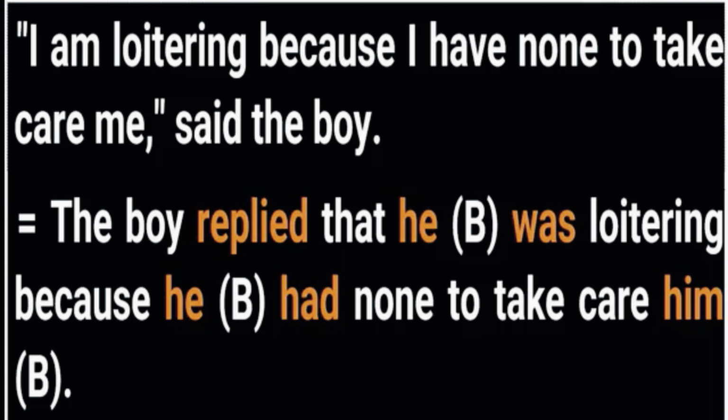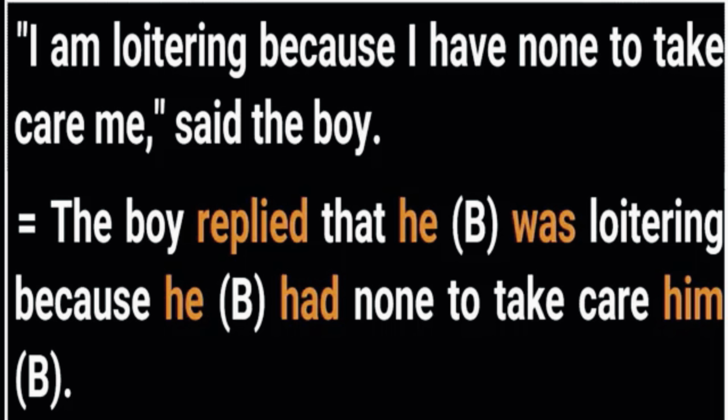So this is the starting point. The boy replied that he was loitering. Okay, why we have put here he? Because we are watching that in the part of reported speech there is first person, I mean I has been changed into he because the speaker is third person. That's why we have put here he.